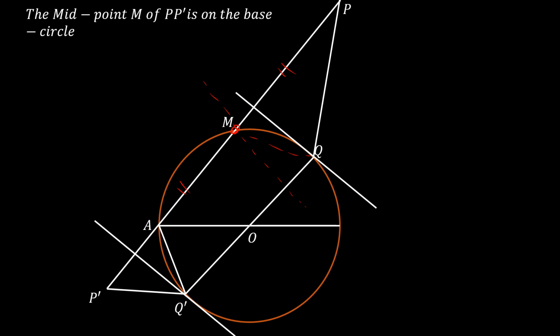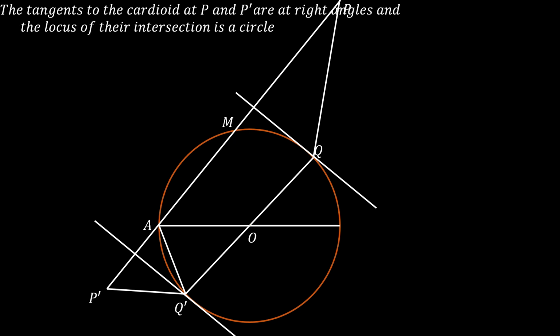So MP prime, MP, those can be shown to be equal very easily. I will leave that for you to figure out, or you could even draw a line like that and use geometry to show that MP and MP prime are equal. So that's one other thing.